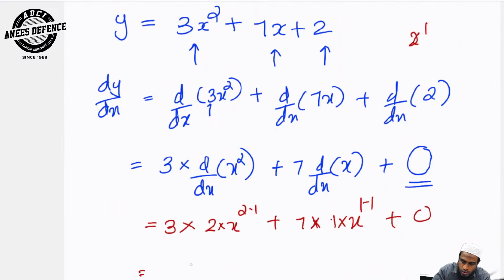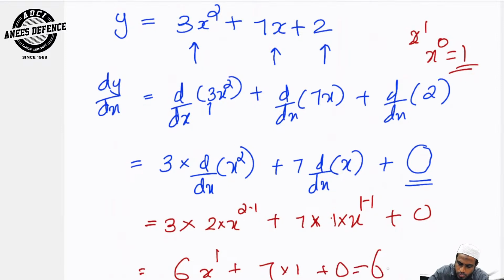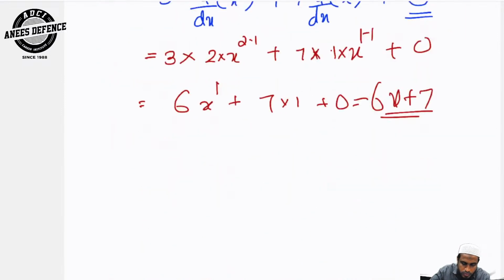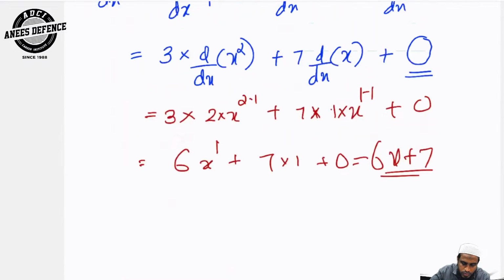So 3 into 2, 6, x raised to 2 minus 1, 1, plus 7, x raised to 1 minus 1, 0. x raised to 0 is 1. Anything raised to 0 is 1. So 7 into 1 plus 0. So the answer is 6x plus 7. Understood? Yes.